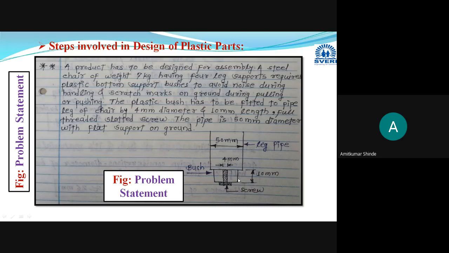Generally, the diameter of the bush is taken as 50% of the diameter of the leg of the chair. Here the diameter of the leg of the chair is 50, so the diameter of the bush is half of this 50 millimeter. This is the design consideration. And its height will be equal to the length of that screw, that is 10 millimeter.